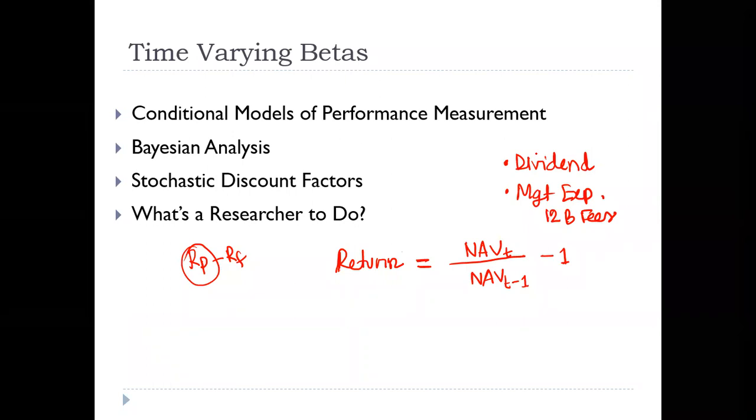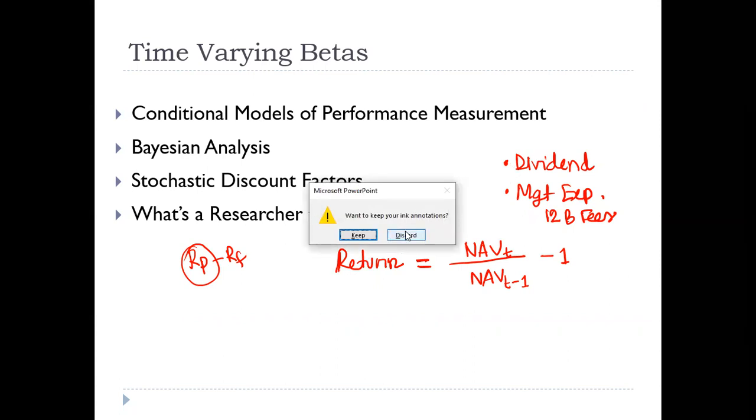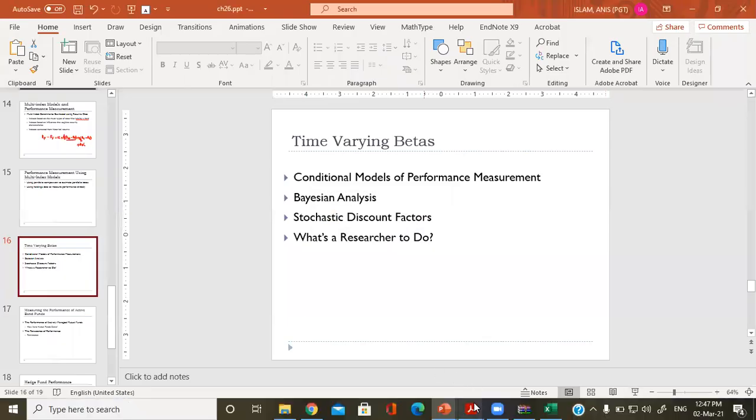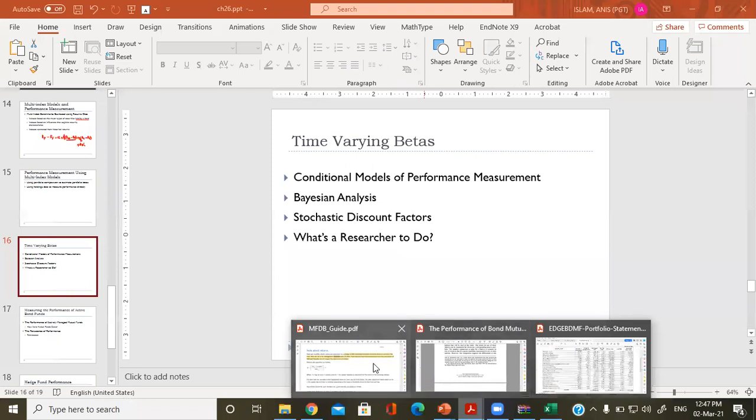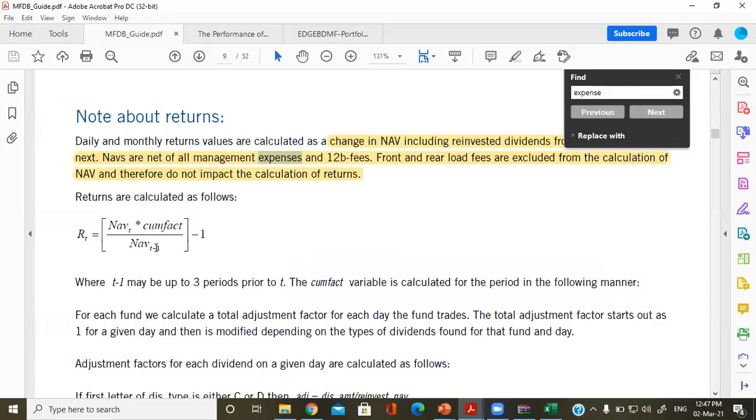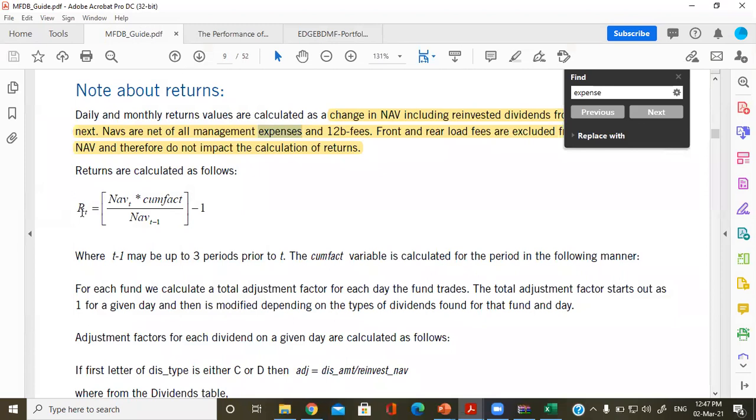Now, can you recall in previous class I showed you a database in which mutual fund return and mutual fund performance are available? I have mentioned about a database provider, CRSP. So CRSP reports that they measure the return in this way.